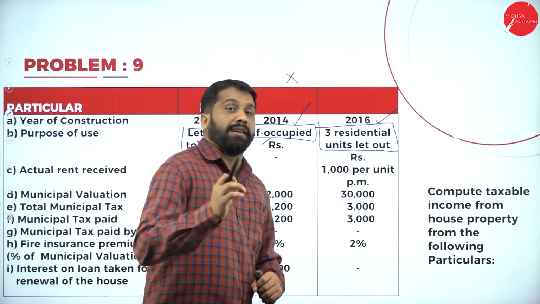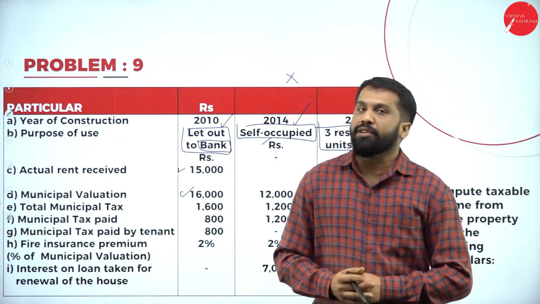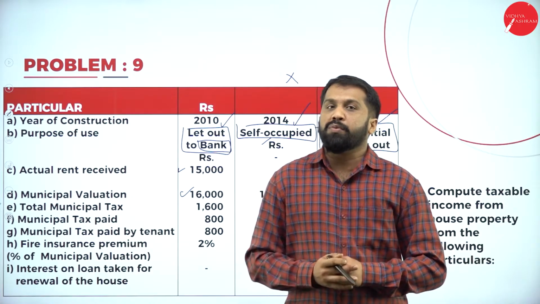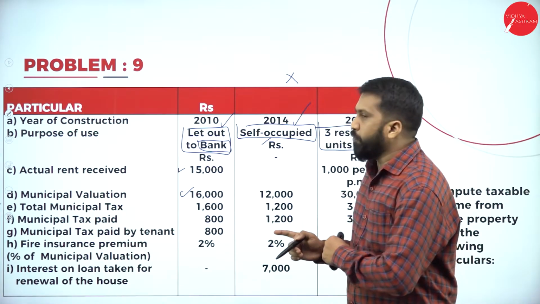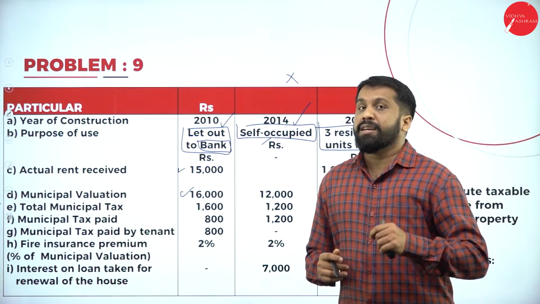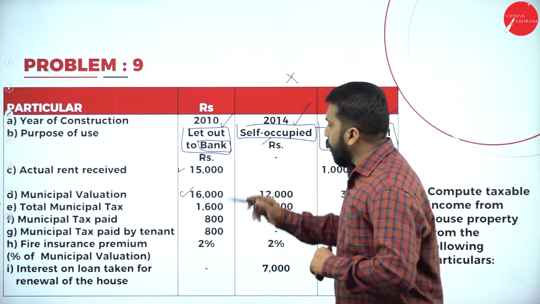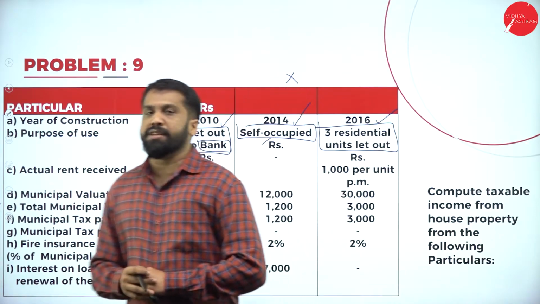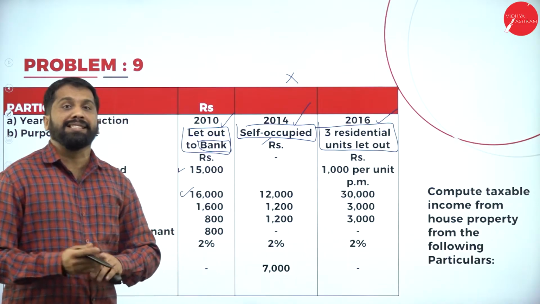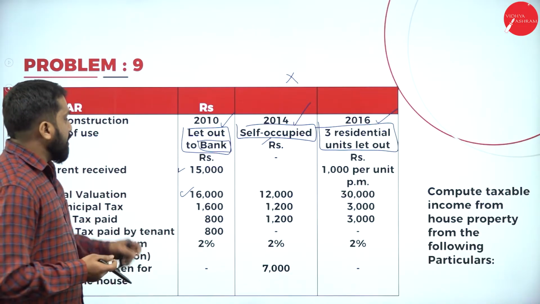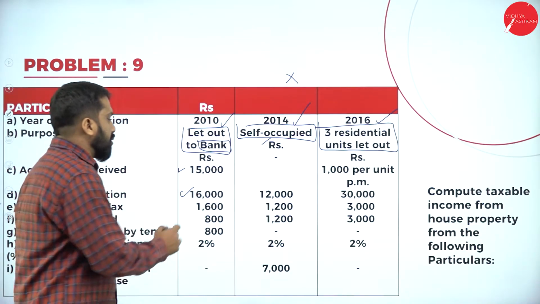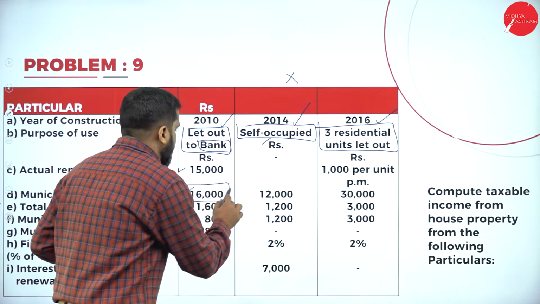Actual rent is given, municipal valuation is given. Which one should we consider? As per this, we should go for the higher or greater. Out of 15,000 and 16,000, which one is higher? We should go for 16,000.